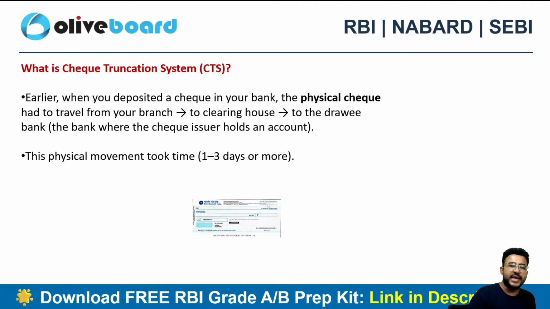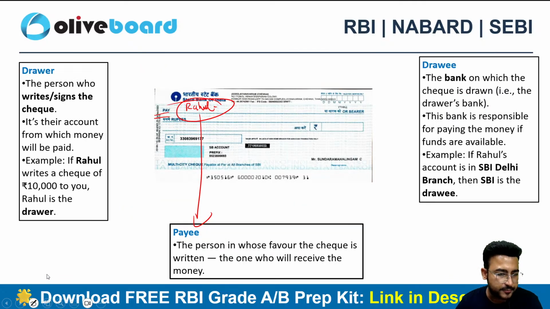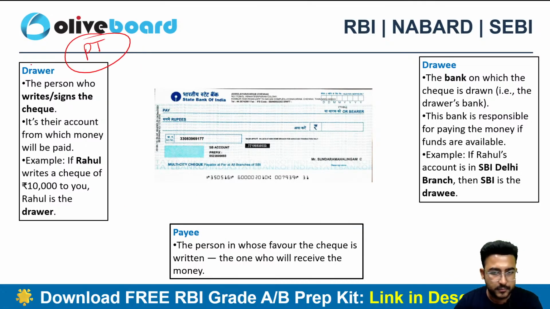So what is the check truncation system all about? Earlier we used to move the check physically. Let's suppose the check is of SBI Bank, I am the drawer, Rahul is the payee, the receiver, and SBI Bank is the drawee.